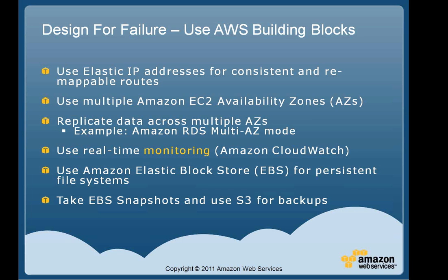The next point here is about the use of monitoring. Clearly, you can't really respond well to failures or to issues if your system doesn't pick it up. So what we offer is Amazon CloudWatch, our monitoring system. That's not to say that you must use Amazon CloudWatch. If you have existing monitoring systems that you're happy with, you can very well bring these to Amazon Web Services or monitor your EC2 instances with that.